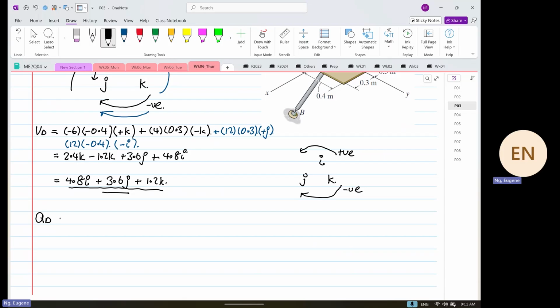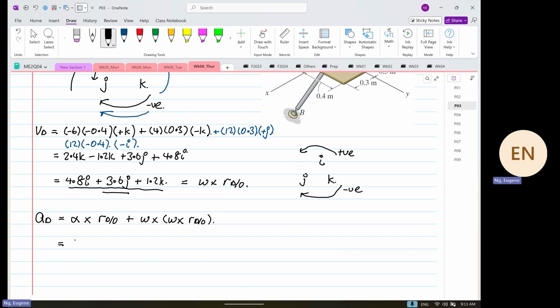Okay, so we know that this will be equal to alpha cross r d from point O, plus omega cross (omega cross r d from point O). Okay. And this term over here is in fact our omega cross r d from point O. Okay. So the only thing that we have to be really cautious about is now we're going to introduce our alpha.